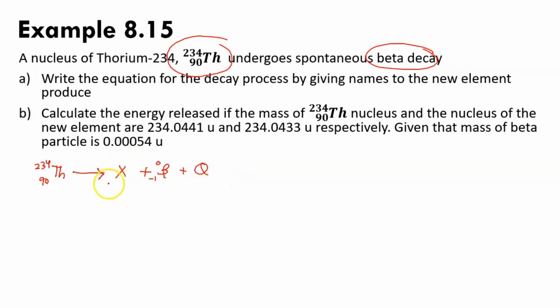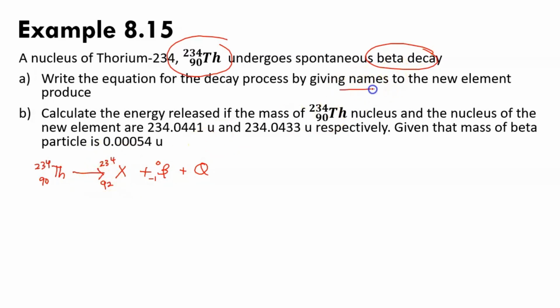So for these new elements, we make sure it's balanced. The number of nucleons on the left side is balanced with the number of nucleons on the right side. Same with the proton number. So for this new element, it is 234 and 92.